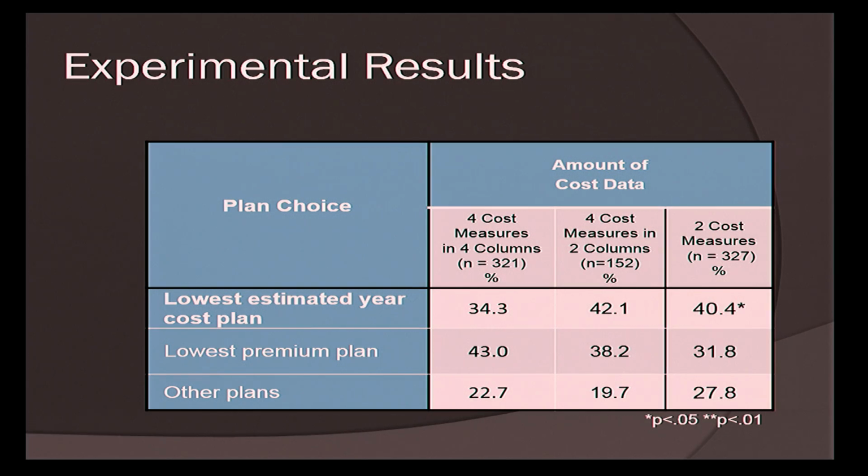And even with the 4 pieces of information, when the information was presented in 2 columns, more people made the choice on the estimated lower cost. So these are examples of ways, especially when we know that there are common decision errors in how people use information, there are ways to counteract that by the way the information is presented.